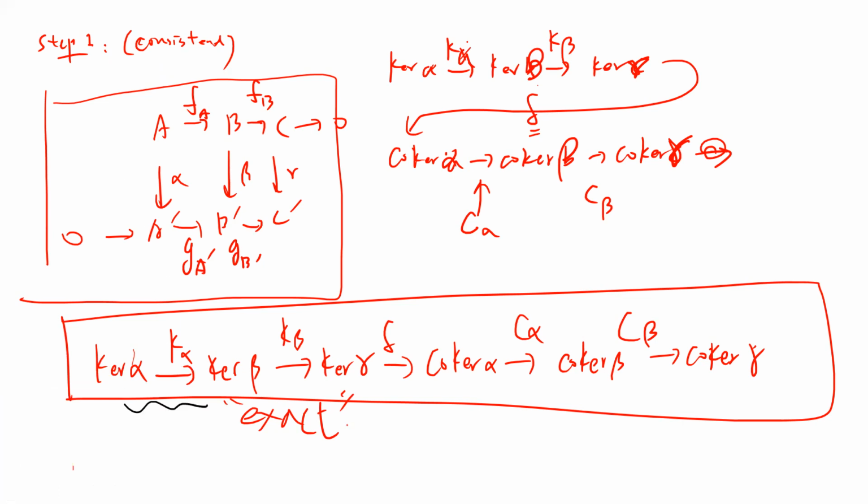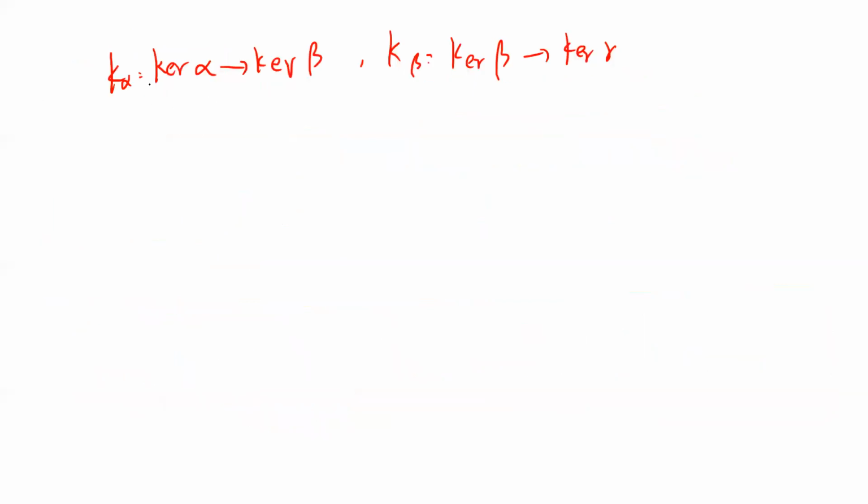Kernel alpha is some element here, so it's easy to get from kernel alpha to kernel beta, just by composing with f_A. Simple. Just define k alpha to be f_A restricted to kernel alpha, and k beta is f_B.